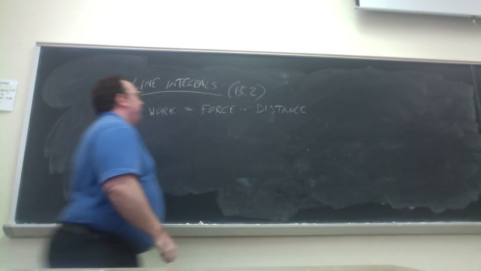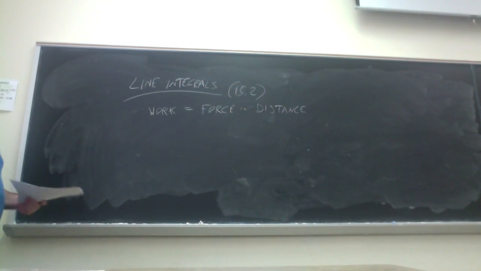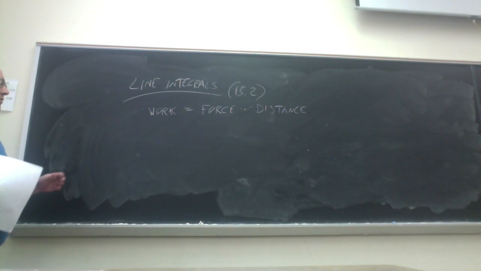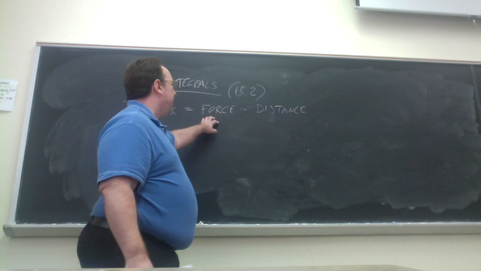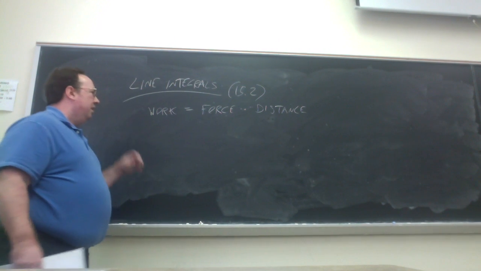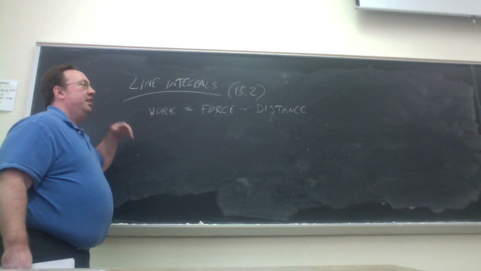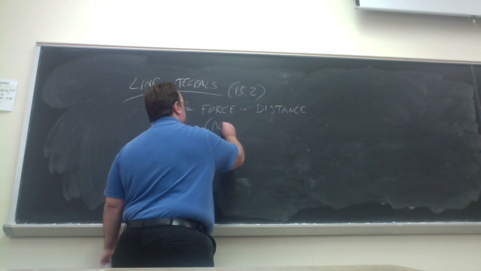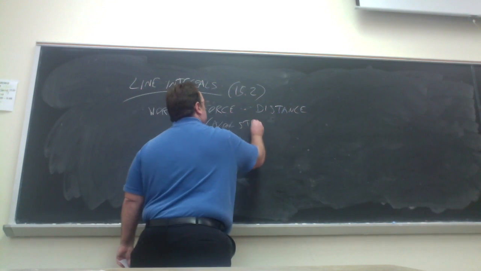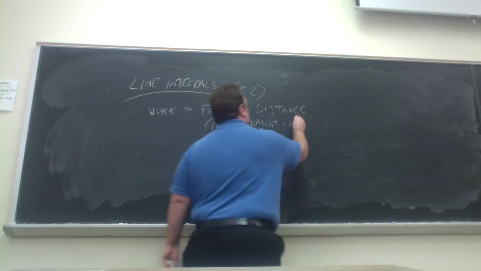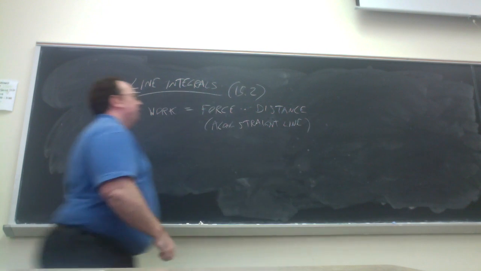Okay, but generally this formula only applies if the force is applied to an object to move it over a certain distance, and it's assumed here that the path of the object is a straight line.